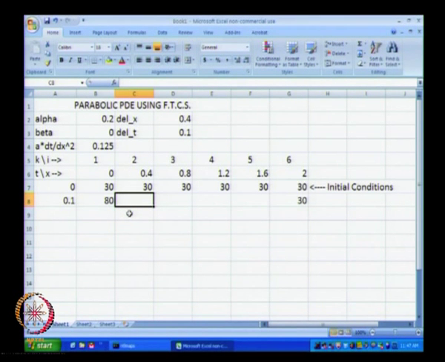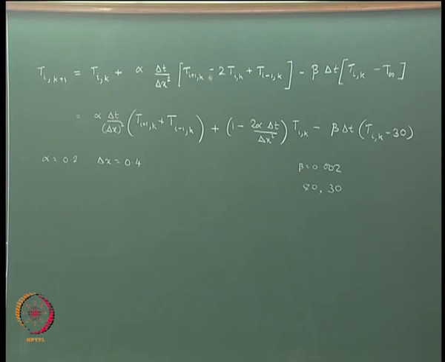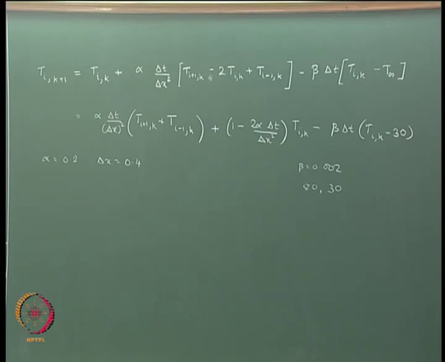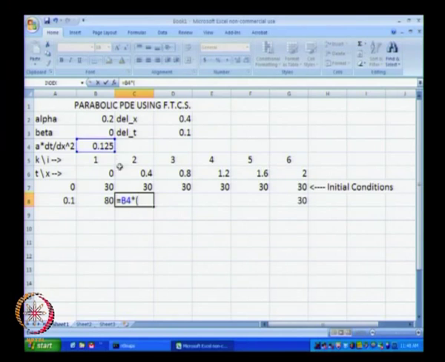Now, T 2 comma 2, if we look at the expression, is going to depend on the values at the previous time. It is going to depend on this value, this value, and this particular value. So, I will write that down. What we had was alpha delta t by delta x squared multiplied by T i plus 1 comma k plus T i minus 1 comma k.